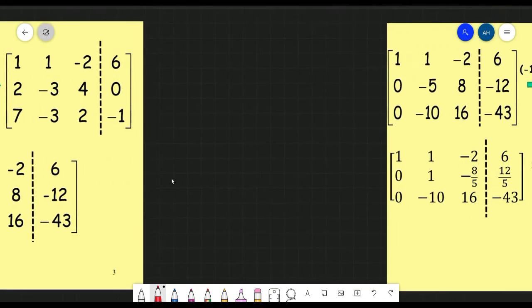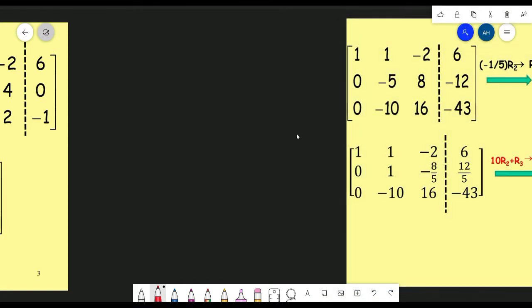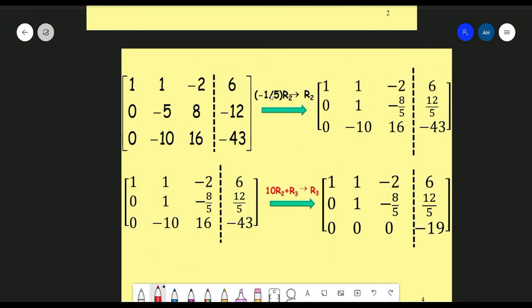We divide row 2 by negative 5, because we want to have a leading 1 in row number 2.